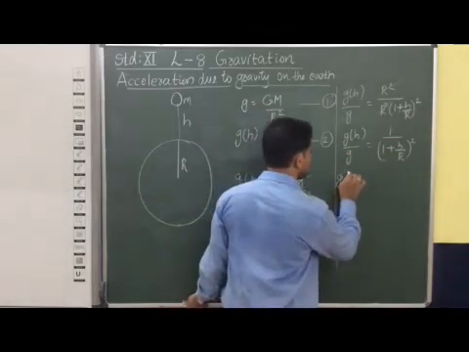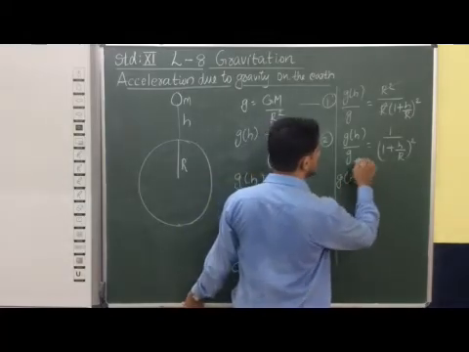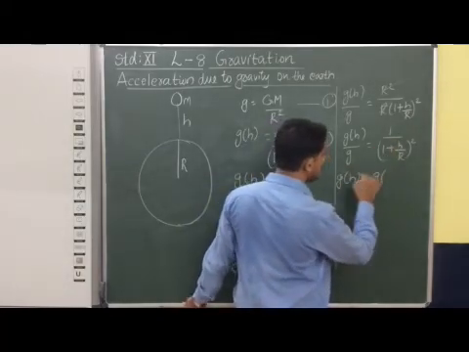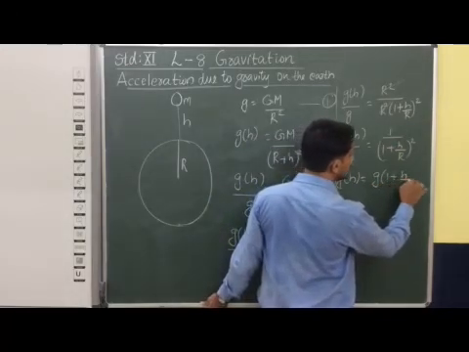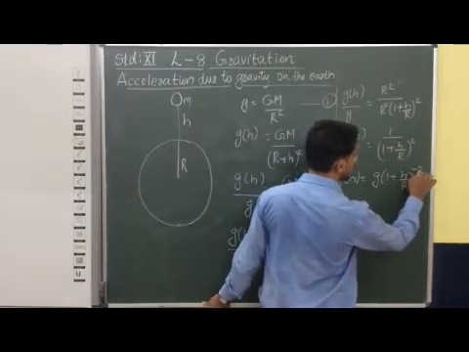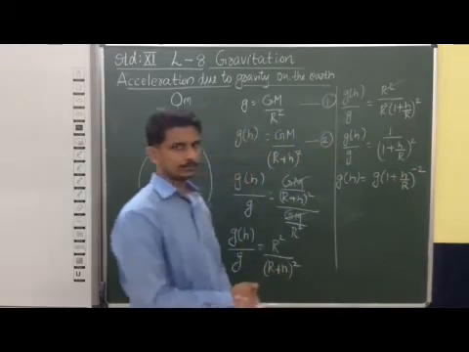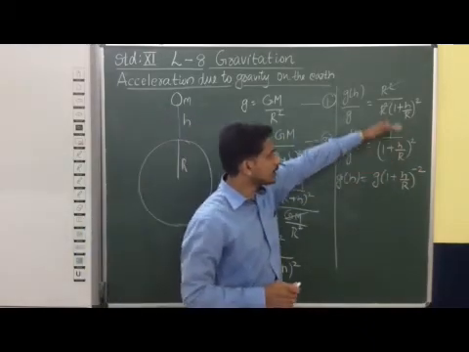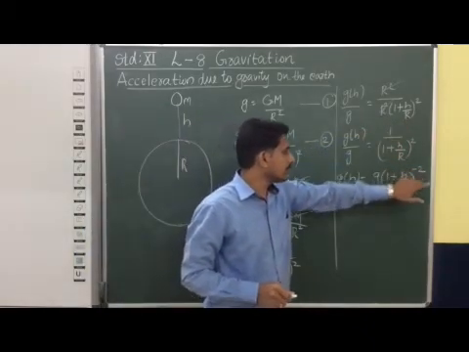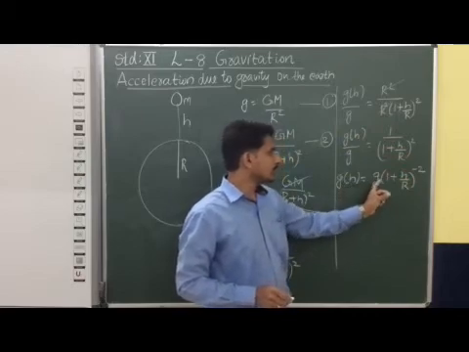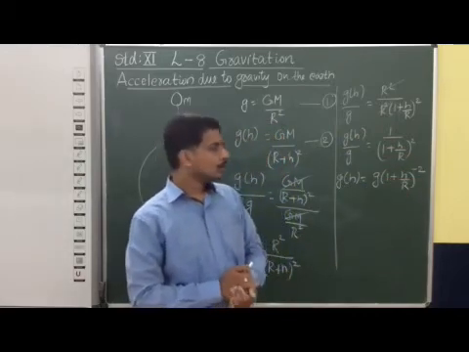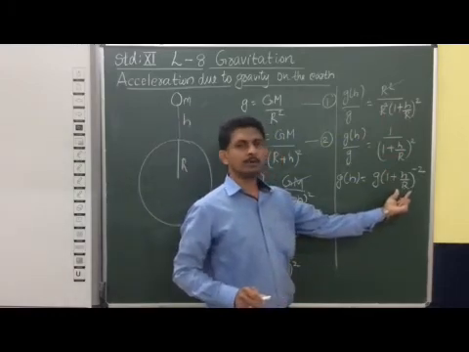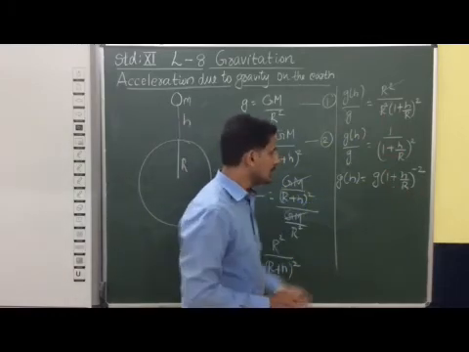So I can write this equation as g of h is equal to g into 1 plus h divided by r raised to minus 2. Since we are taking it from the denominator to the numerator, the power becomes minus 2. We can expand this with the help of the binomial expansion.